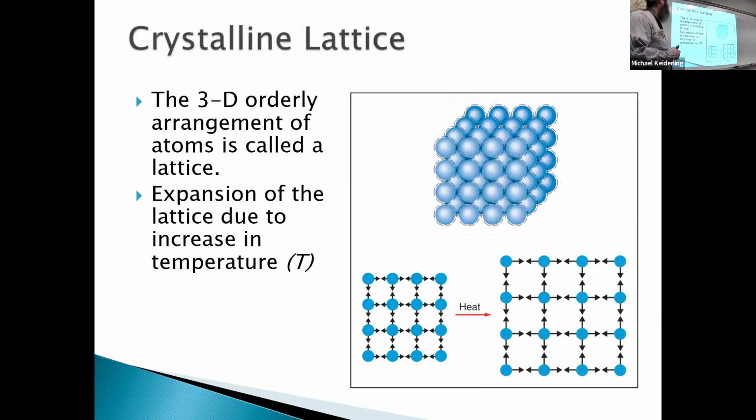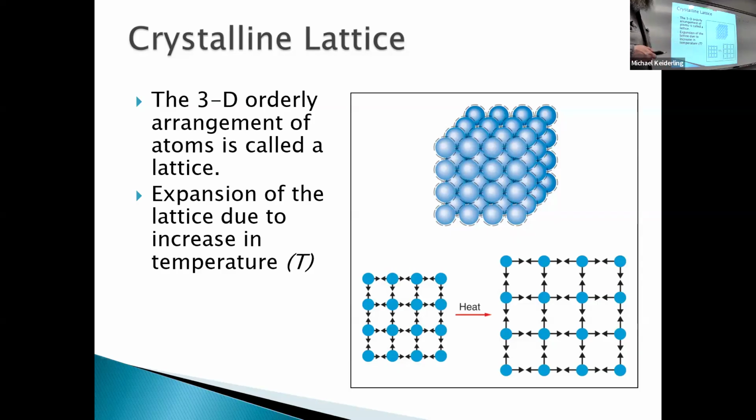So in a crystalline solid, you have an ordered lattice. A crystalline, 3D orderly arrangement of atoms called a lattice looks like this. And if you increase the temperature, the lattice will expand. Now, they're not always square like this.